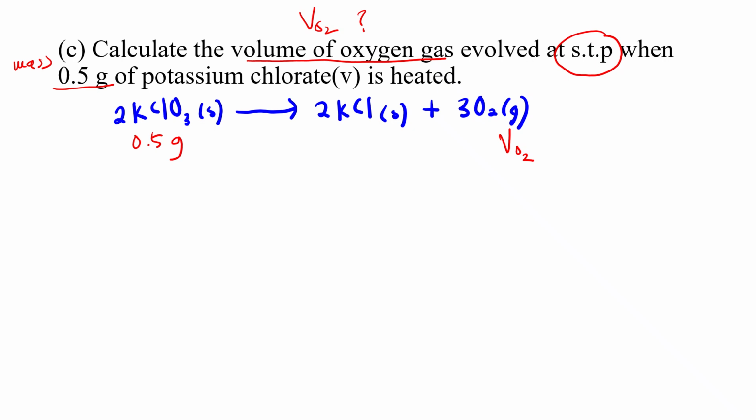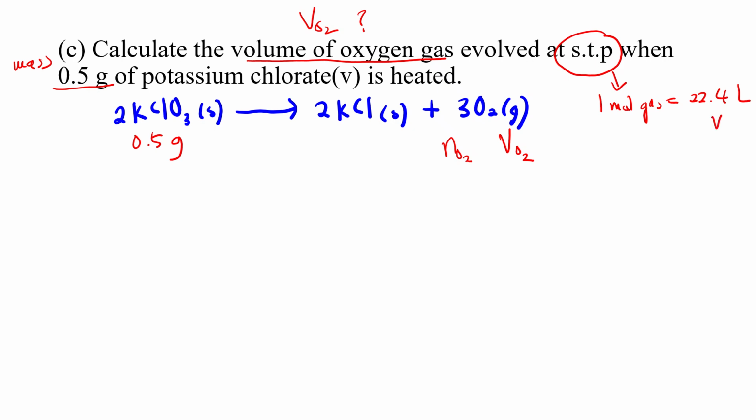Okay, so nak cari volume, of course before that, kita mesti kena ada N untuk oksigen lah. Ingat balik general statement molar volume of gases at STP, iaitu 1 mole of gas bersamaan dengan 22.4 liter. Nampak tak?